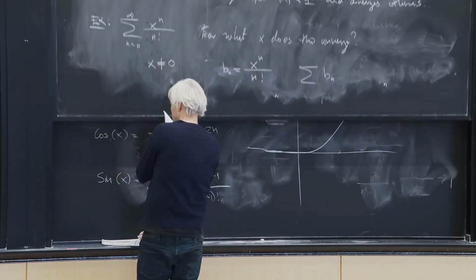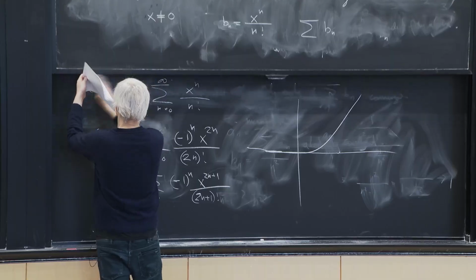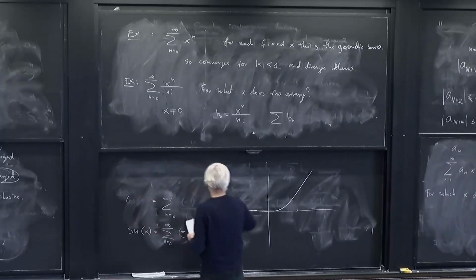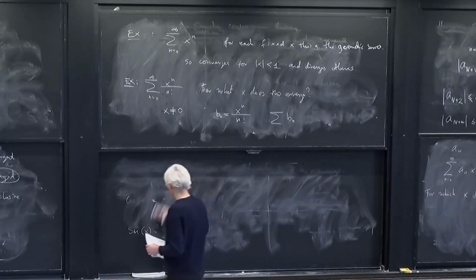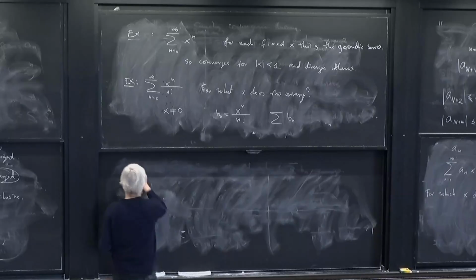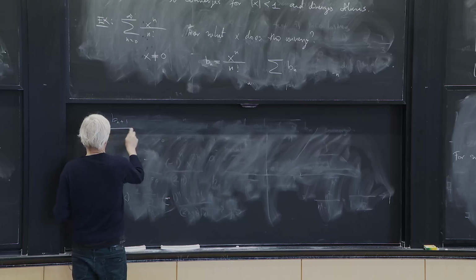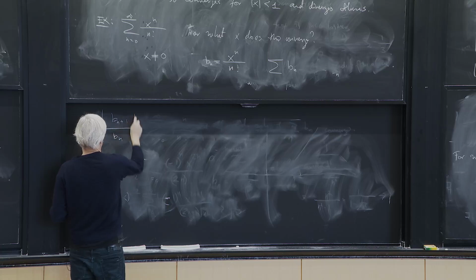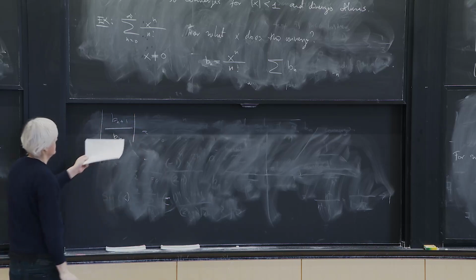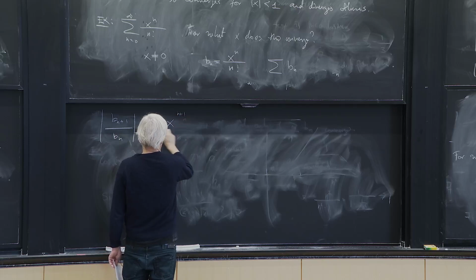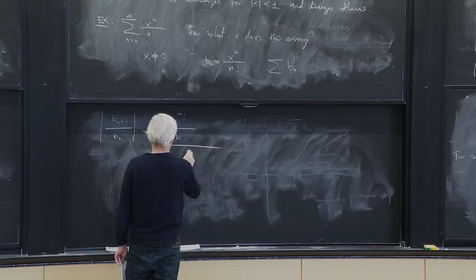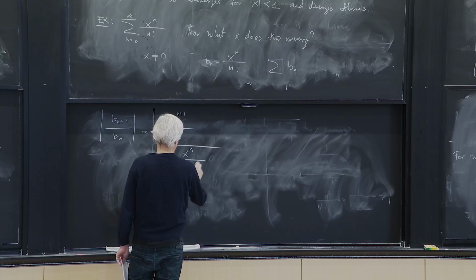If you think about the series as b_n, then the ratio test tells you that you're looking at the ratio of b_{n+1} over b_n. Take the absolute value of this. Well, this is just x to the power n plus 1 over n plus 1 factorial, and then you have to divide it by x to the power n over n factorial.